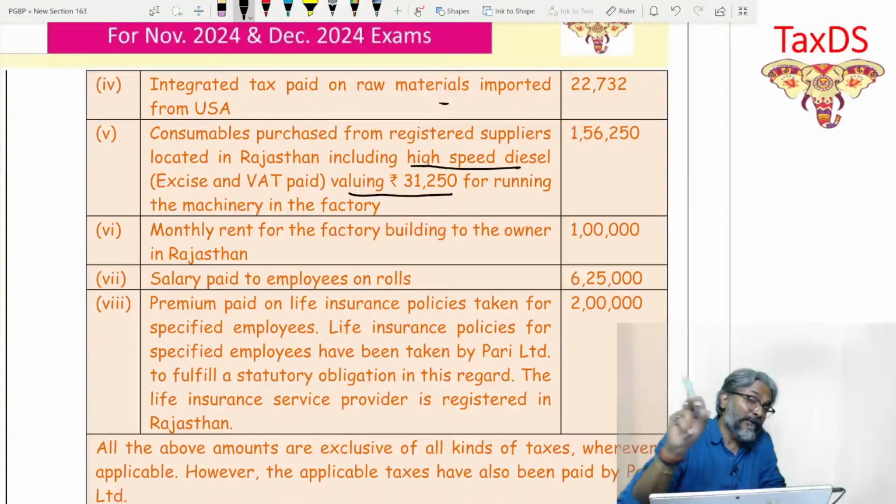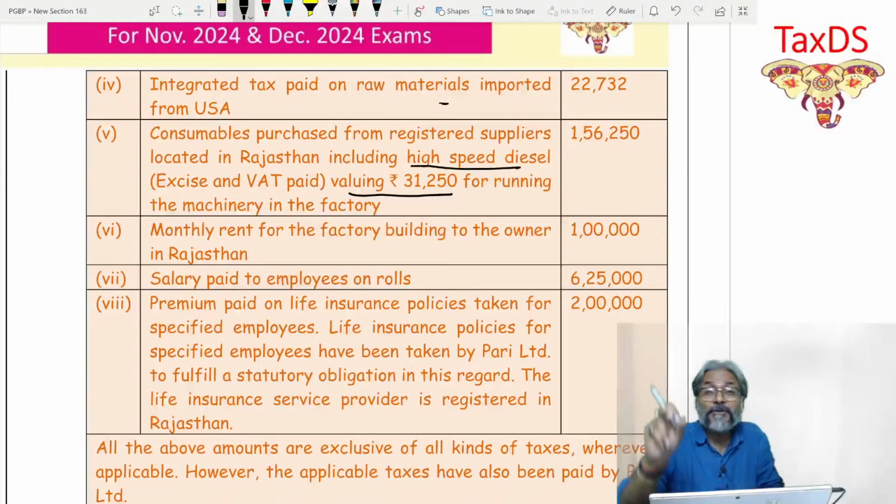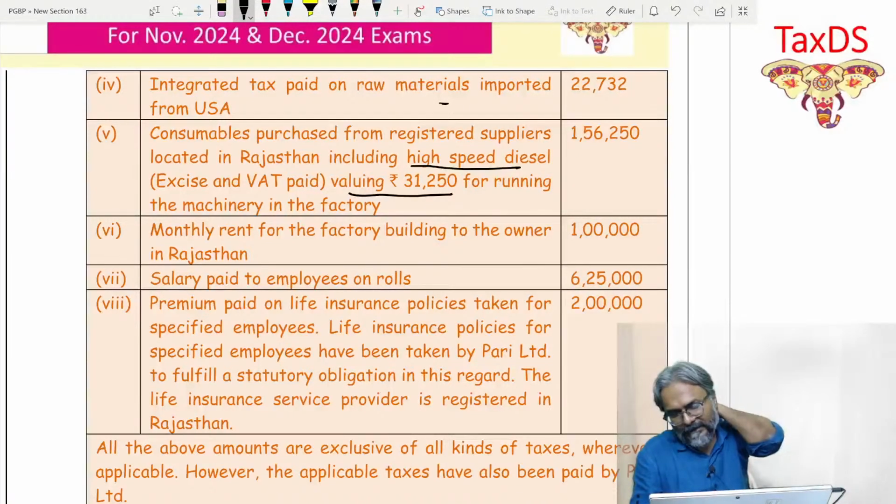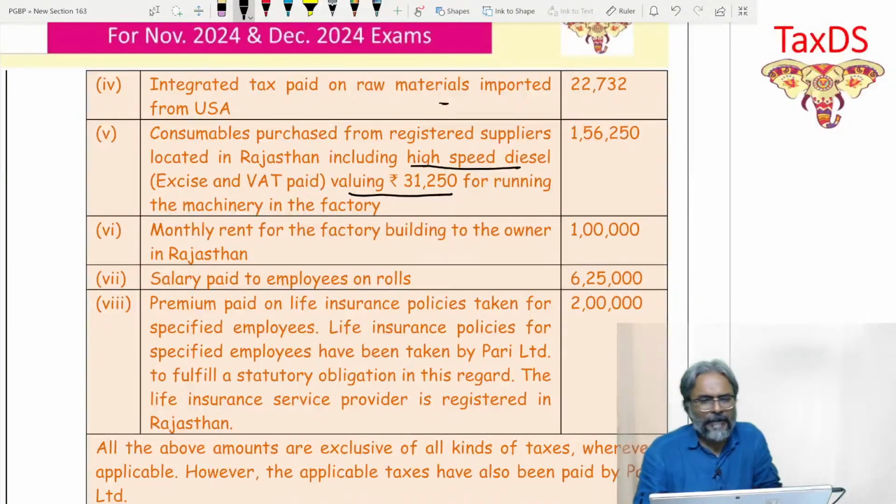Why? 31,250 of that amount represents what? It represents procurement of diesel, on which there is no levy of GST. Point number 6, monthly rent for the factory building to the owner in Rajasthan. So the CGST, SGST credit can be taken. Salary paid to employees on roll is not a supply.